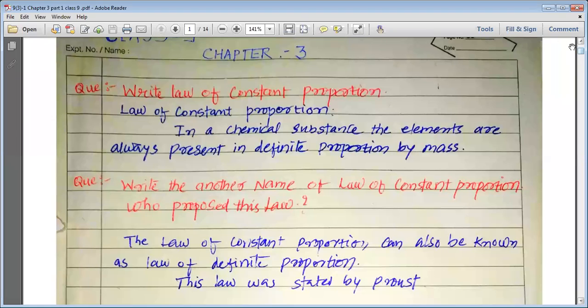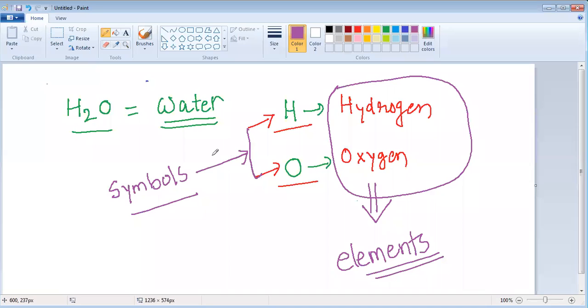What is the meaning or what this law tells us? The law of constant proportion says that in a chemical substance, the elements are always present in a definite proportion by mass. Let us try to understand this. इसका मतलब क्या है? ये क्या कहना चाह रहा है? तो यहाँ पे आप देख रहे हैं कि we have a chemical substance H2O.